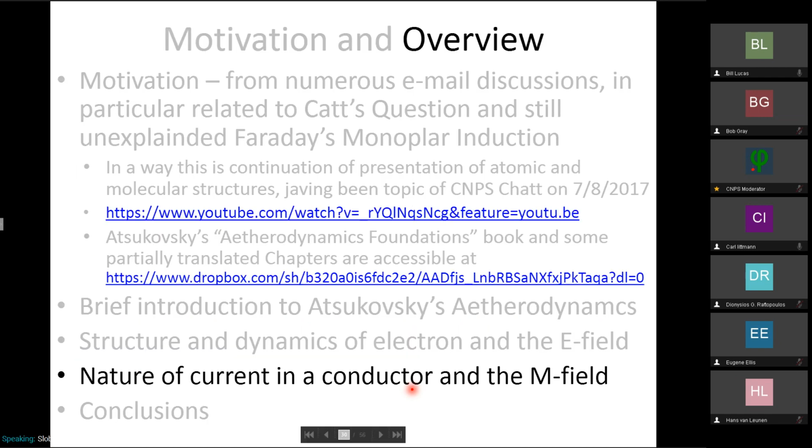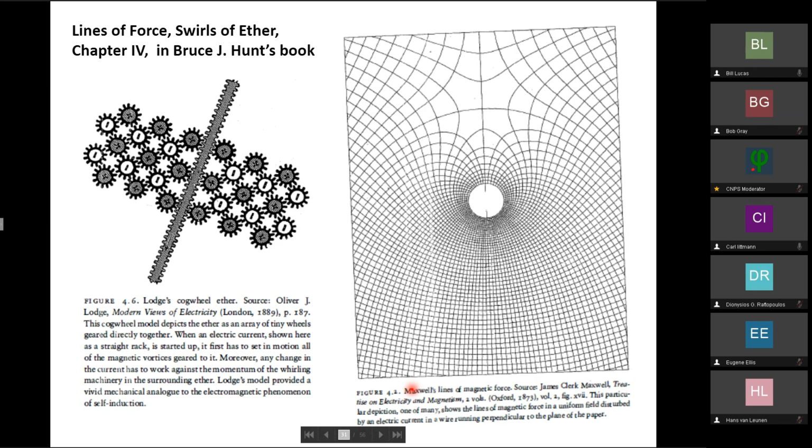So now we go to the current in a conductor and the related magnetic field structures and essentials.